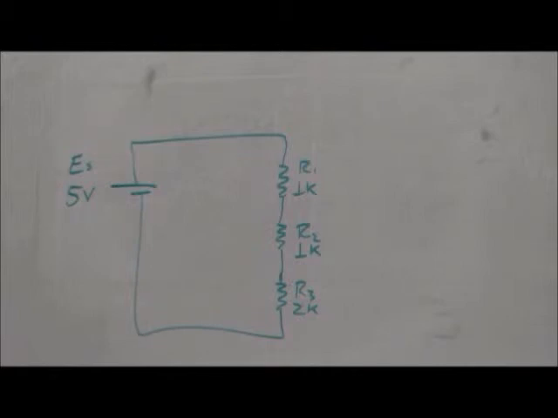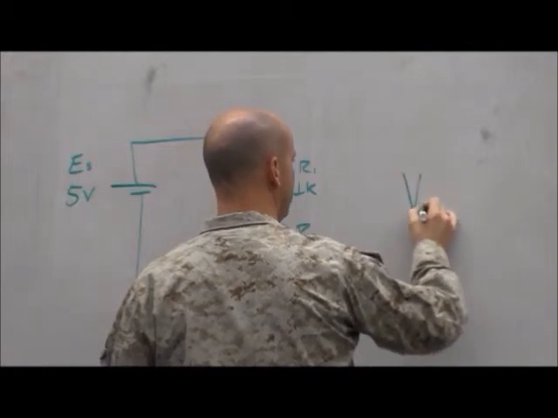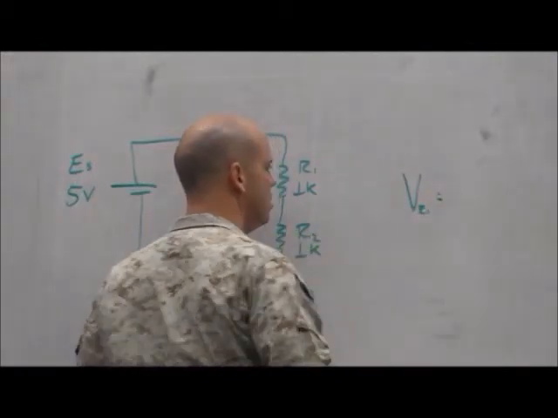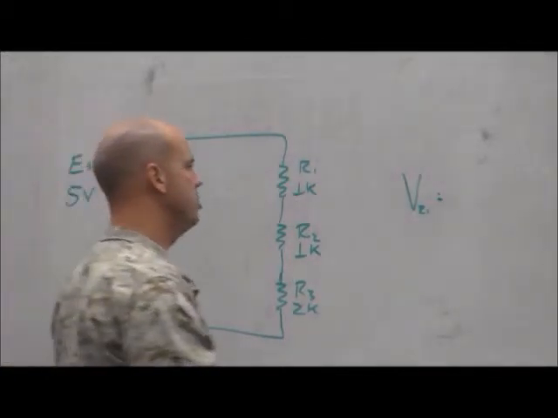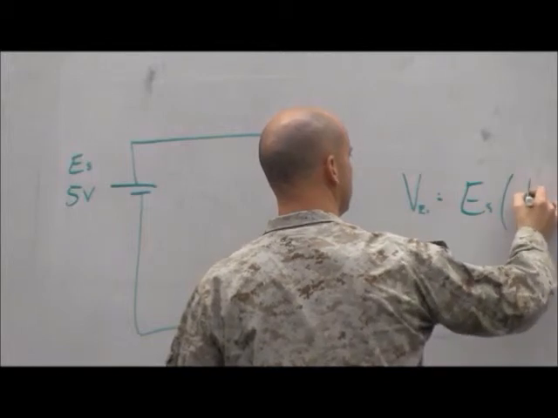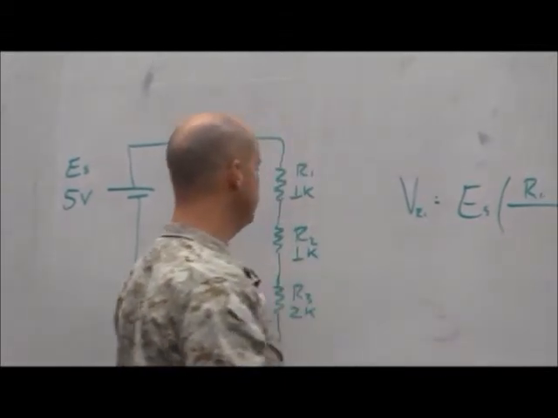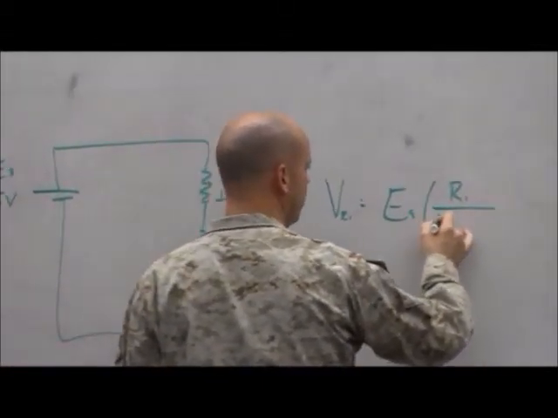Okay, so for the voltage divider, Sergeant Espedal, we said ES is equal to the resistor that we're looking for, the voltage drop divided by the total resistance. So in this case, if we're looking for the voltage drop of R1, VR1, that would be equal to the source voltage times R1 over the RT for this loop, but in this case, R1, R2, R3, right?